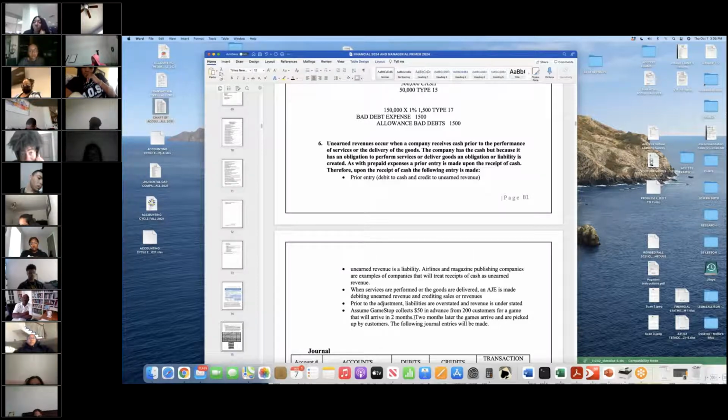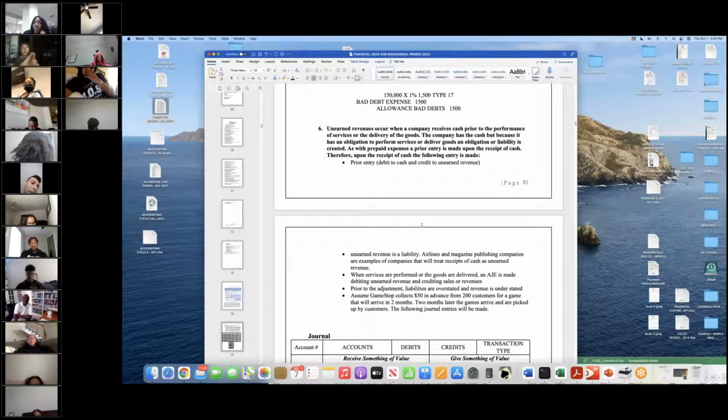It's got to be 1 through 6. It's a Type 4. What does 4 say, Daniel? Income received in advance. I don't know why I got that one marked out on here.